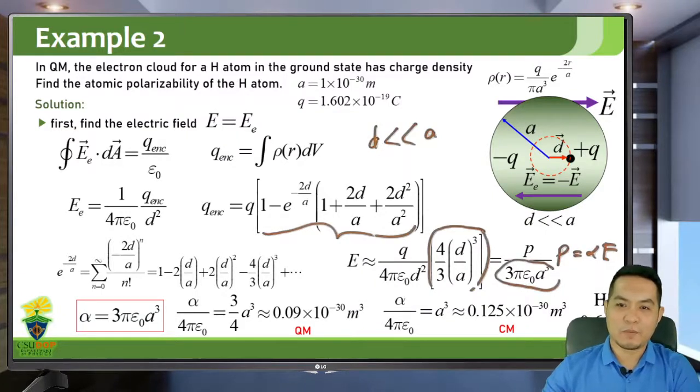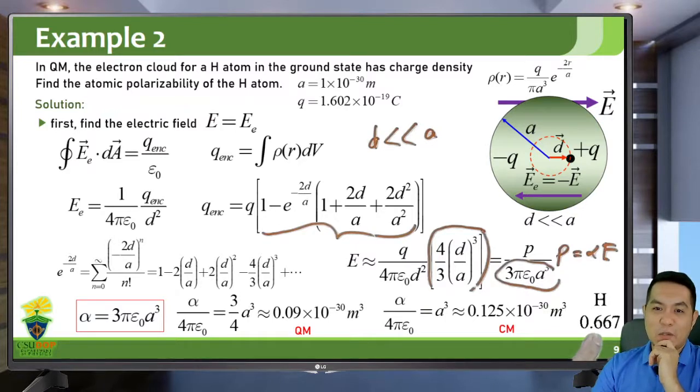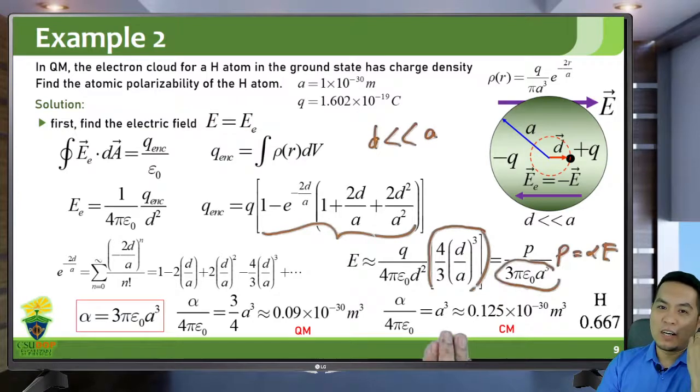If you compare it to the experimental value of the polarizability, it's actually 0.667, but this is 0.125, this is 0.09. So actually the classical result is much closer to the experimental value of the hydrogen atom's polarizability. So this tells us that the hydrogen atom can be treated as a primitive atom and we can just use classical physics instead of quantum mechanics.